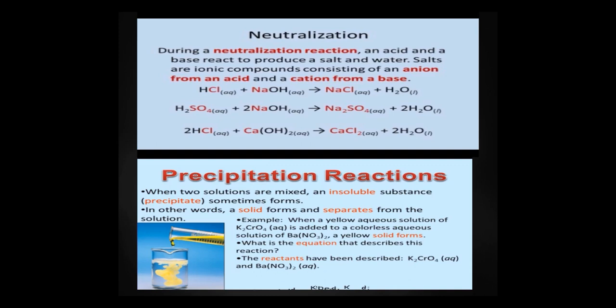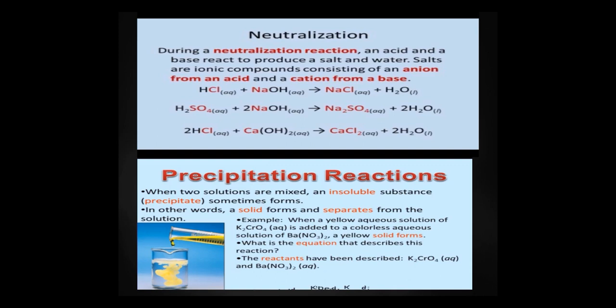So it forms NaCl and H2O. Here sodium is more reactive than hydrogen, so it will replace hydrogen and combine with Cl to form NaCl and form water. So this is the reaction between acid and base to form salt and water. NaCl is a salt and H2O is water.